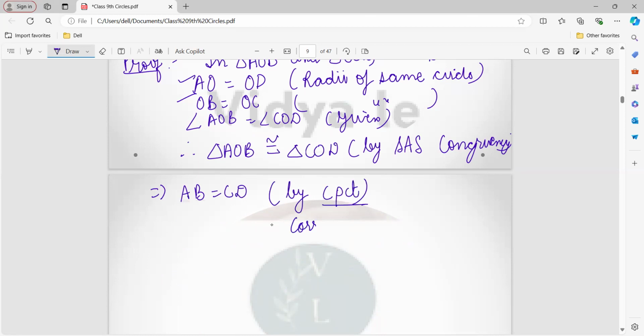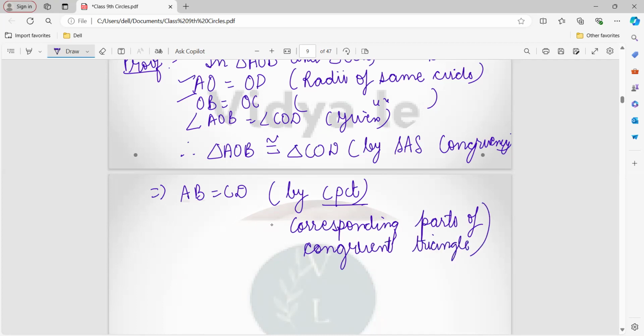CPCT means corresponding parts of congruent triangles. First of all, we have proved the two triangles to be congruent. Then if the two triangles are congruent, their corresponding parts are equal. So we have proved that AB is equal to CD, and this is what we had to prove. All right. I hope it is clear to everyone.